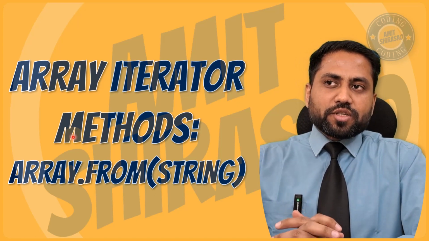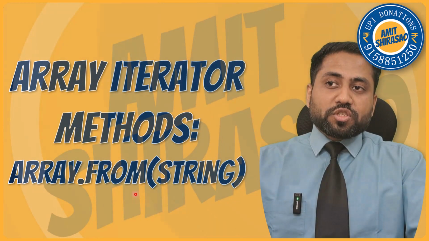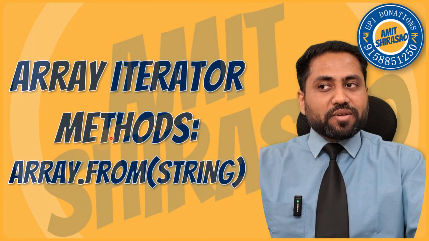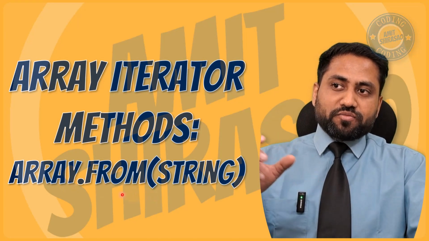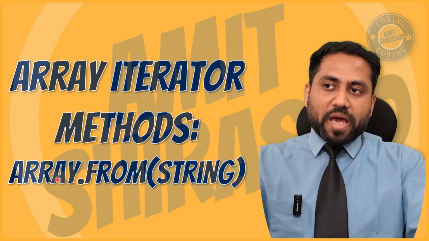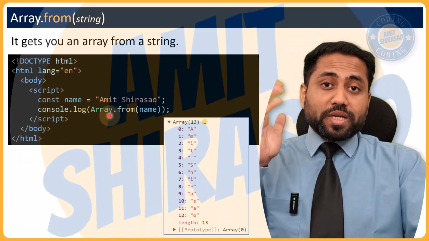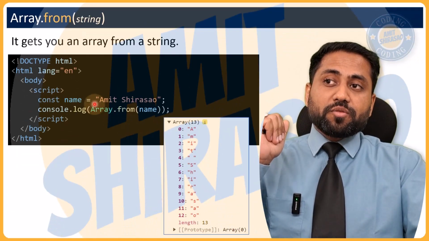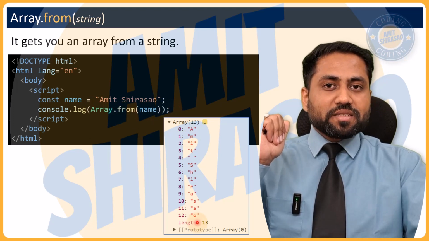Now the next array iterator method that we are going to see is Array.from. Suppose you have a string and you want to derive an array out of that string, then you use this method, which is Array.from. So let us see that in action. Let's say that we have a name variable, which is basically a string, and we want to derive an array of characters out of this string.